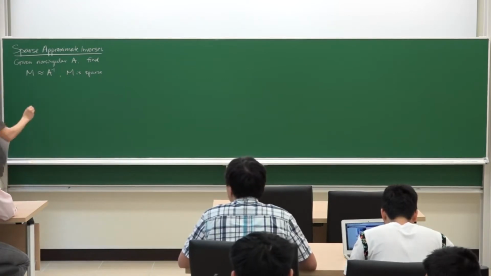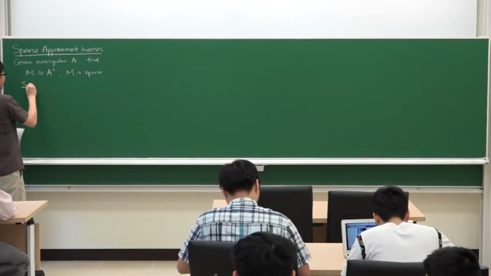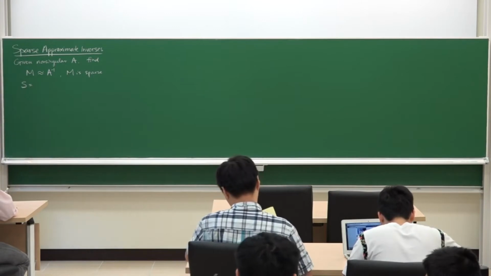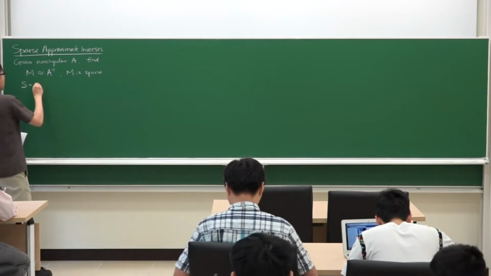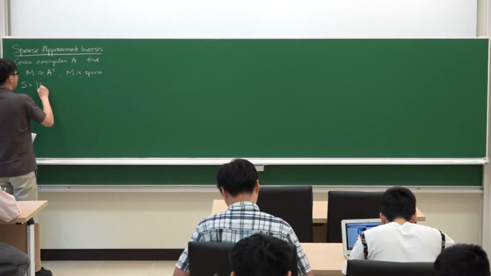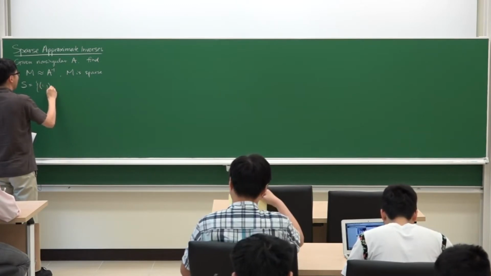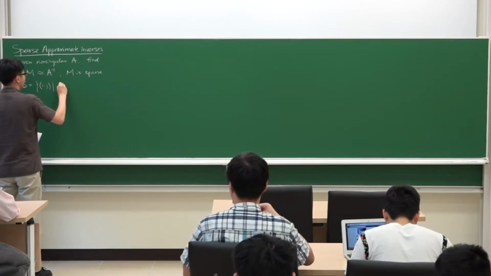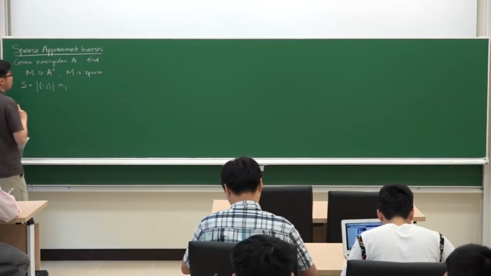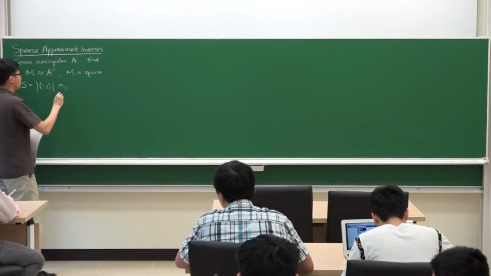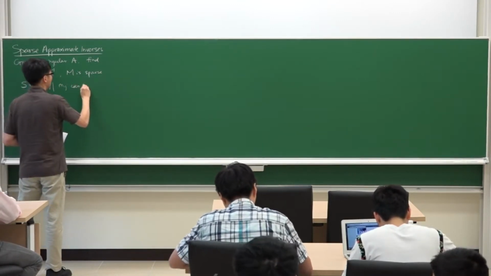To be precise, we can define a sparsity pattern S, just like we did for incomplete factorizations. S is the set of locations ij such that M_ij, the ijth entry of M, can be non-zero.